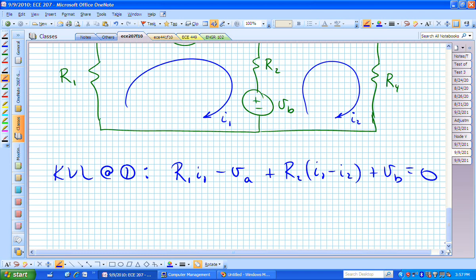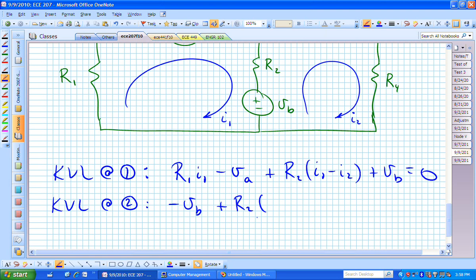Does that look familiar? Okay, no more papers in. KVL at 2. Now we're going against V sub B, or we're entering the negative terminal. It's minus V sub B plus R sub 2. Now we're leading, so to speak, with I sub 2.